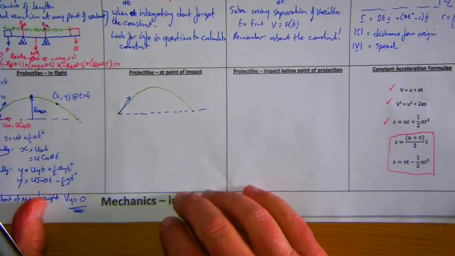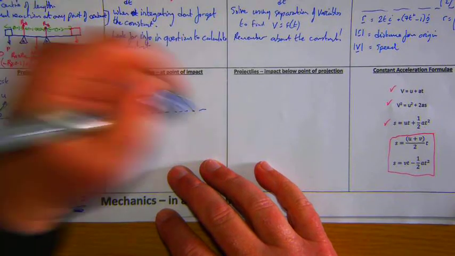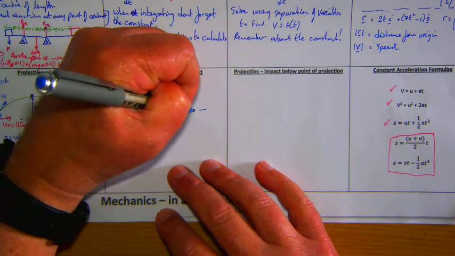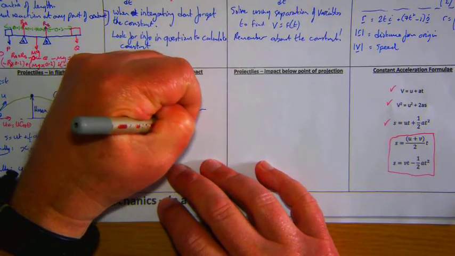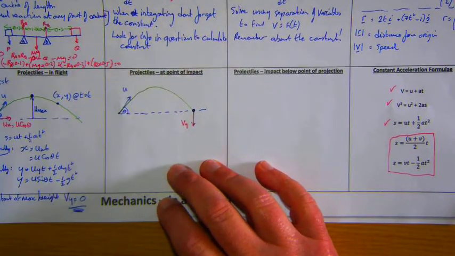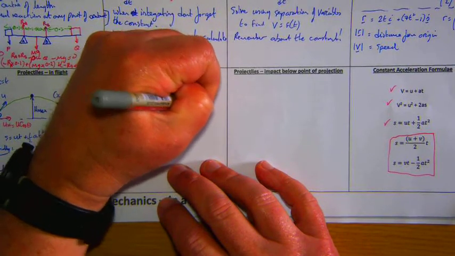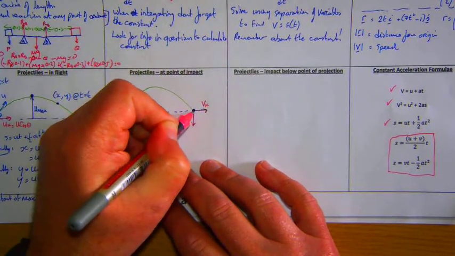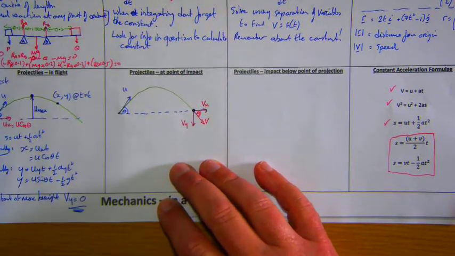Back to this one. So there's my u, there's my theta. When this hits the ground, it's going to have a Vy and a Vx, and that will give you its speed of impact.